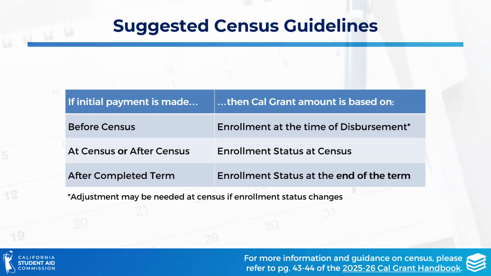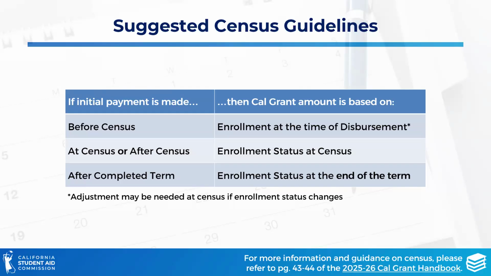You may be at a school that pays prior to the first day of school or on the first day of school. And the students, as we know, are adding classes, dropping classes. Their units are going up and down. Depending on your system, that may be automated, but the student's final Cal Grant amount will be based on what they were enrolled in at census.